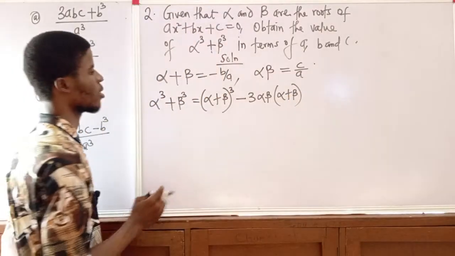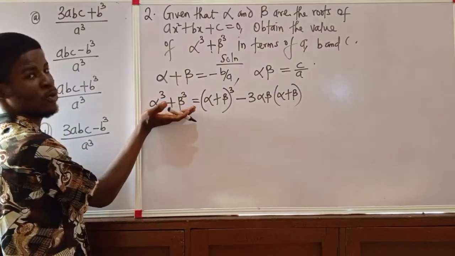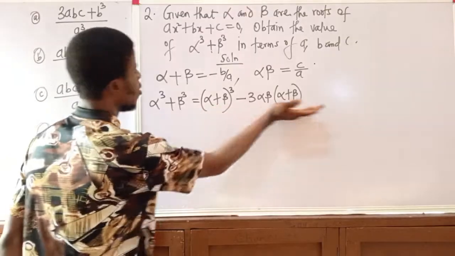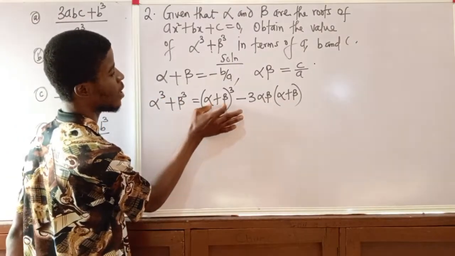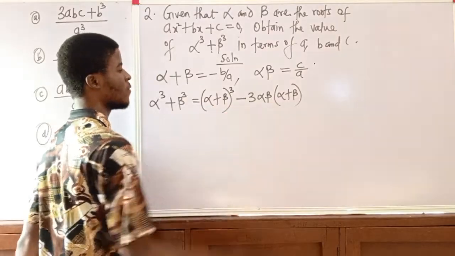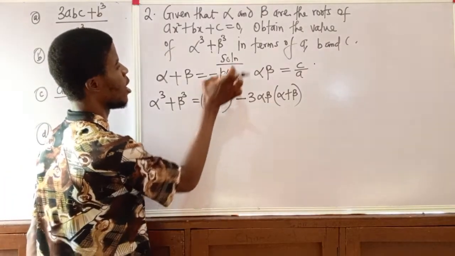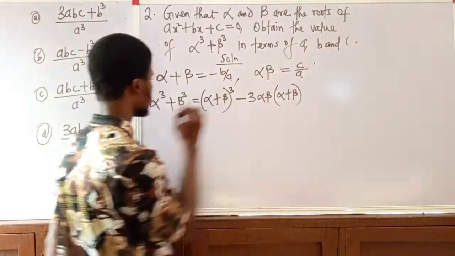Okay? If I expand this now, I'm going to get alpha cube plus beta cube. So, this form of alpha cube plus beta cube is in terms of alpha plus beta and what? Alpha beta. What I'm going to do now is, in place of alpha plus beta, I'll write this. And in place of alpha beta, I'll use this.